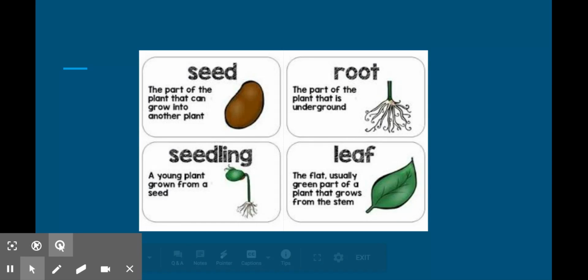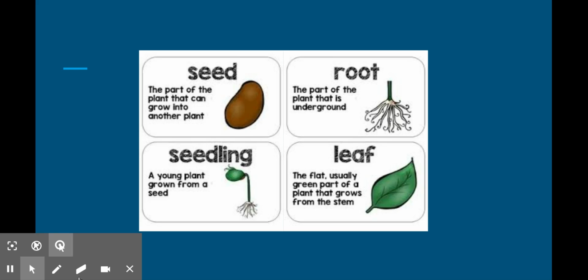Now on this page, these are some pictures and definitions to help you remember some more words in the reading. So the first box says seed, the part of a plant that can grow into another plant. The next one says root, the part of the plant that is underground.